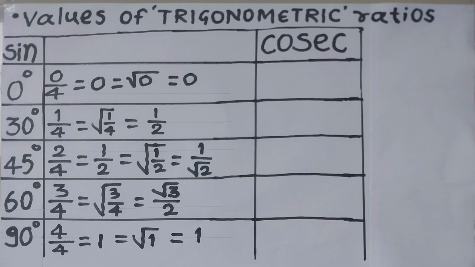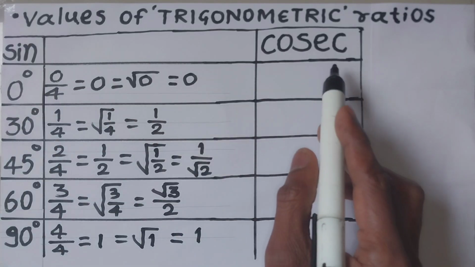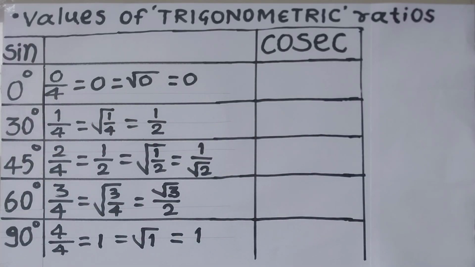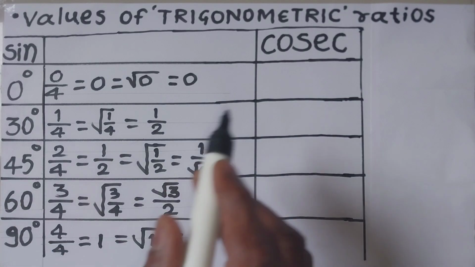Okay, now I will tell you the values of cosec. The values of cosec 0 degree, 30 degree, 45 degree, 60 degree, 90 degree are completely the multiplicative inverse of sine.